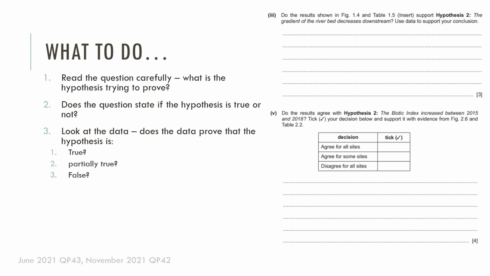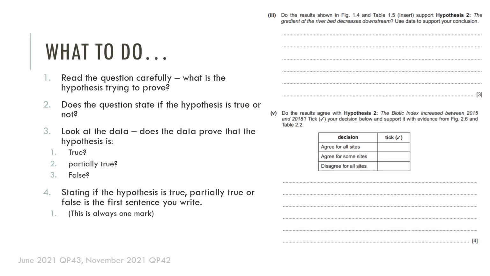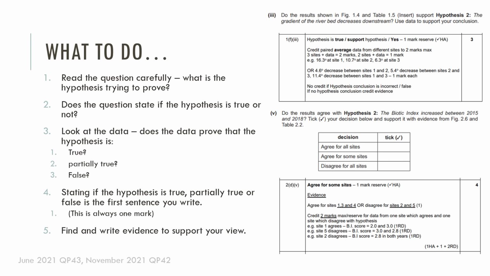That is the first thing that you write. And then, because generally 9 times out of 10 this is always 1 mark, you find and write evidence to support your view. Do go and practice these questions using that structure. If you look at the mark schemes for these questions, you can see 1 mark certainly for stating if it's true or false, and then you get marks for showing that in evidence.